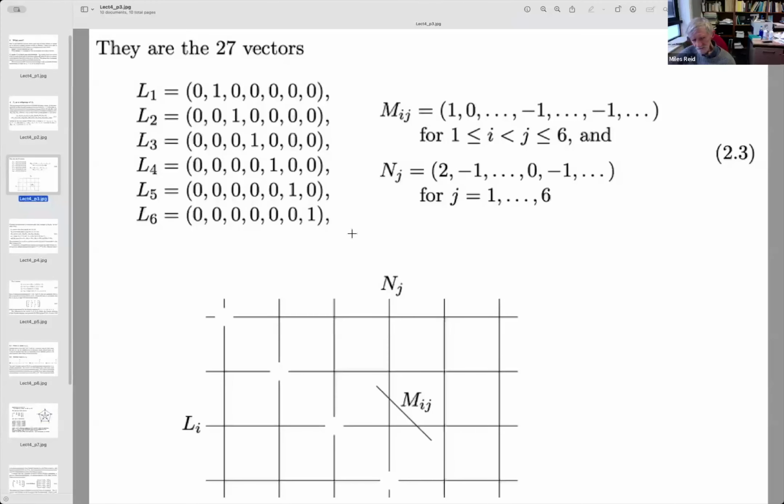So there are 36 of these Schläfli double sixes, or 72 of them if you think of the horizontal and vertical as being separate. Yes, so those are the 27 lines.